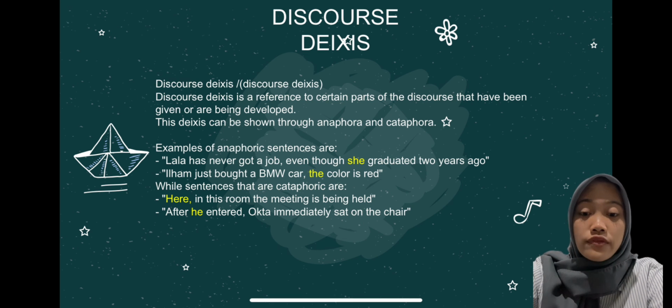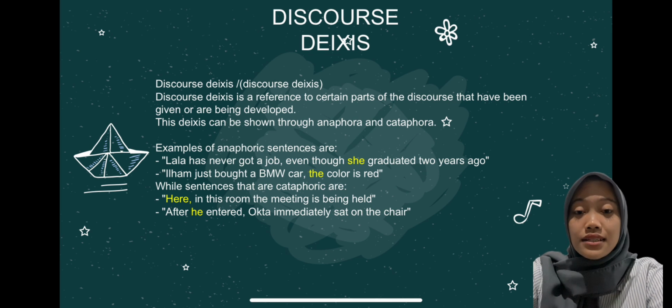The examples of anaphoric sentences are: Lala has never got a job even though she graduated 2 years ago. So the next: Ilham just bought a BMW car. The color is red.